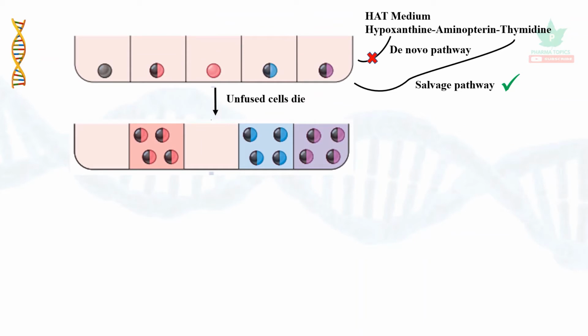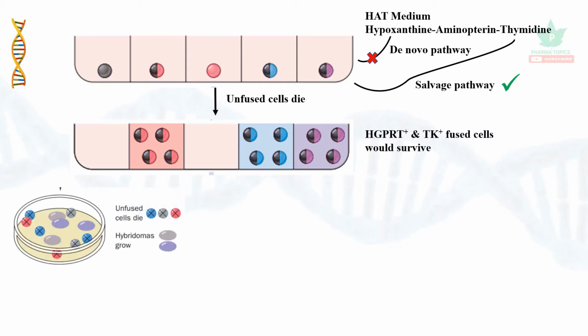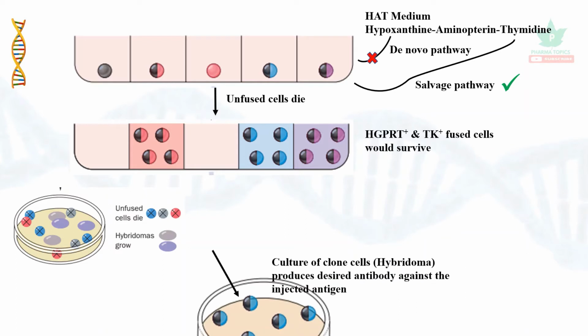So the unfused cells will die, and only fused cells will exist. Since they are mutated, the only way for a cell to survive and produce antibodies is when the HGPRT gene fuses with the thymidine kinase gene. So unfused cells will die and only the hybridomas will grow.